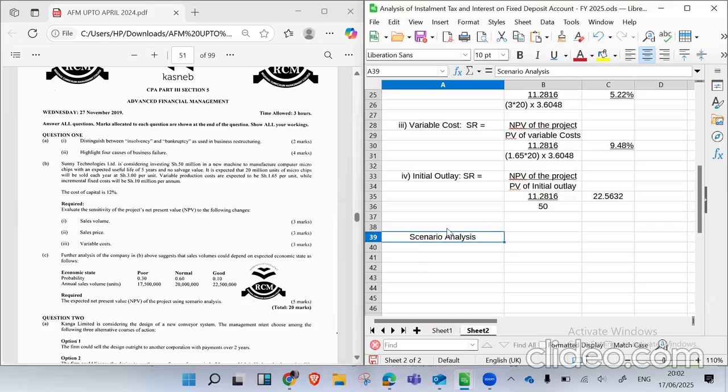Scenario analysis is similar to sensitivity analysis, except that under scenario analysis, more than one decision variable may be considered at a time.